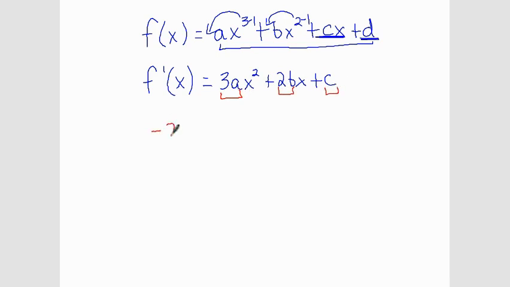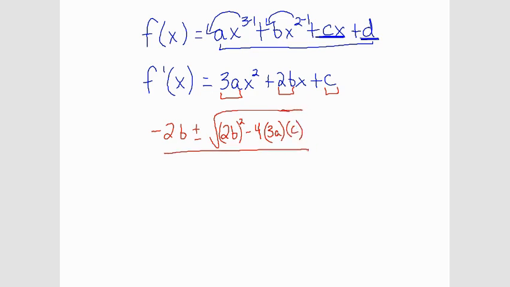So we've got negative 2b plus or minus the square root of 2b, that entire thing squared, minus 4 times the 3a times the c, divided by 2 times 3a. Okay, so let's simplify. Nothing to simplify here.